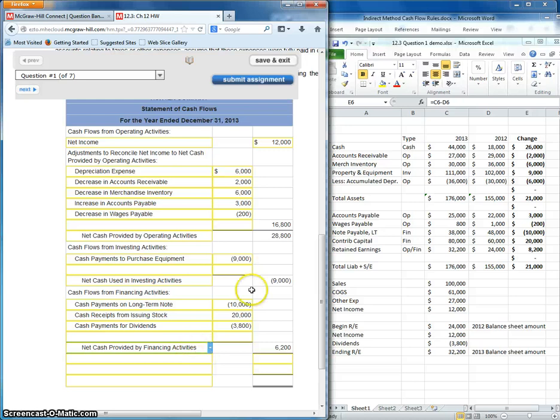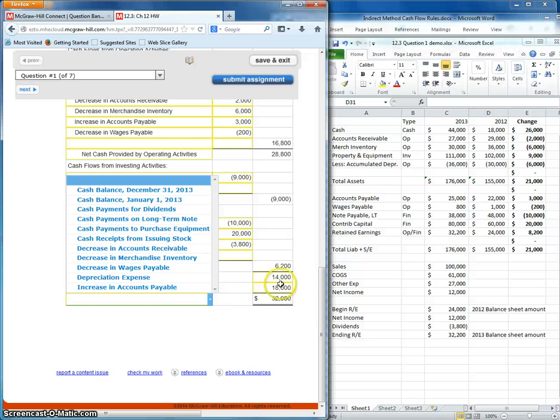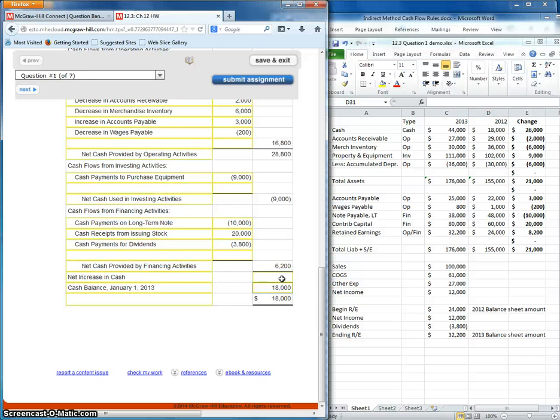Now, once we're done with this cash flow statement, I have my operating cash, my investing cash, and my financing cash. If you add those three numbers together, that is going to be your net increase or decrease in cash. So let's do the math here. We have our increase in cash.